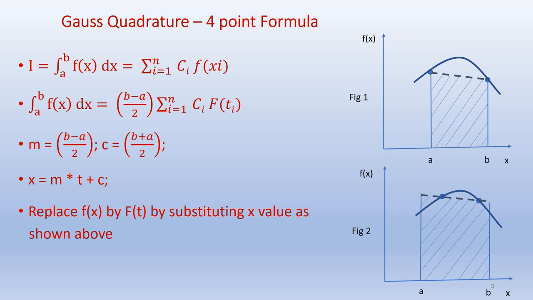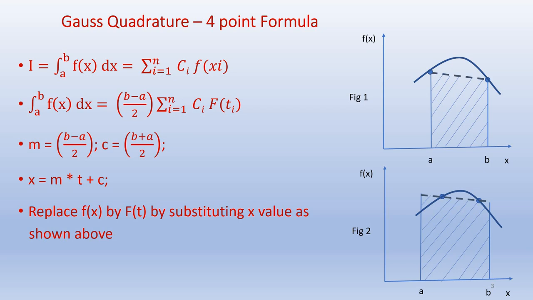So to avoid this error, the Gauss Quadrature strategy is as follows. We pick those 2 points strategically and draw a straight line through them that intersects the vertical lines from a and b. By looking at figure 2, we find that the area below this dotted straight line is closer to the area under the curve.